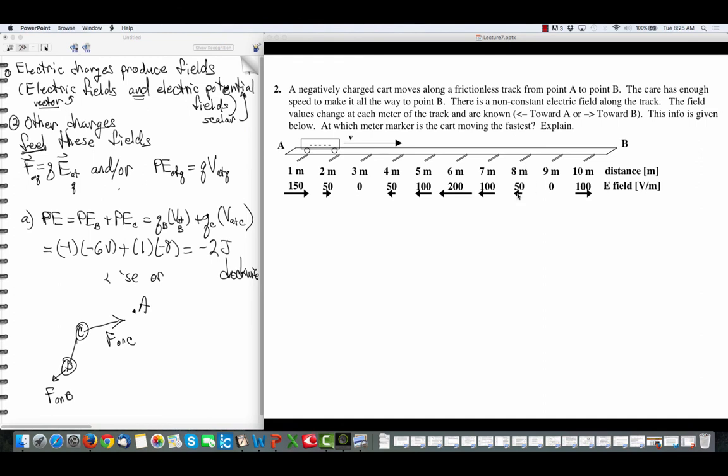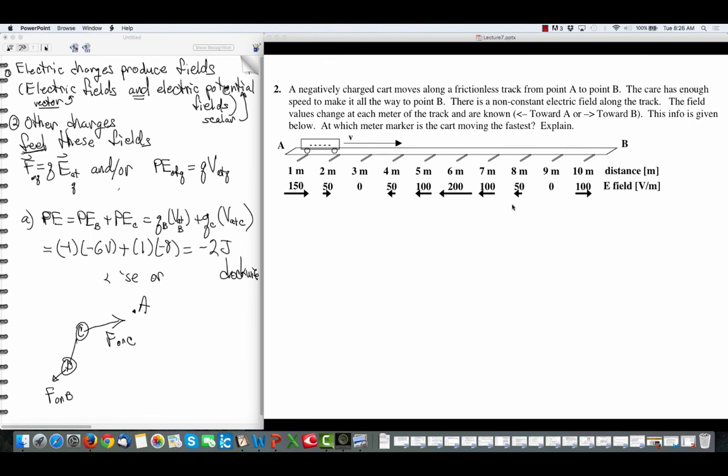What's going on at 8? Is it being speeded up or slowed down? Which is the direction of the force at point 8? To the right. It's moving to the right. It's got a force to the right. Does that mean it's speeding up or slowing down? If you push something in the direction it's already going, it'll go faster.